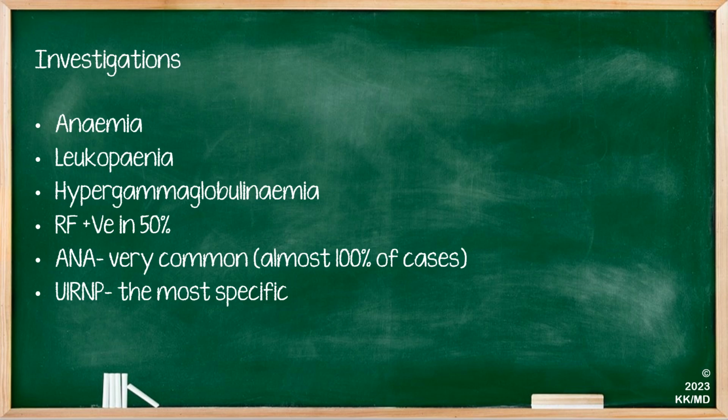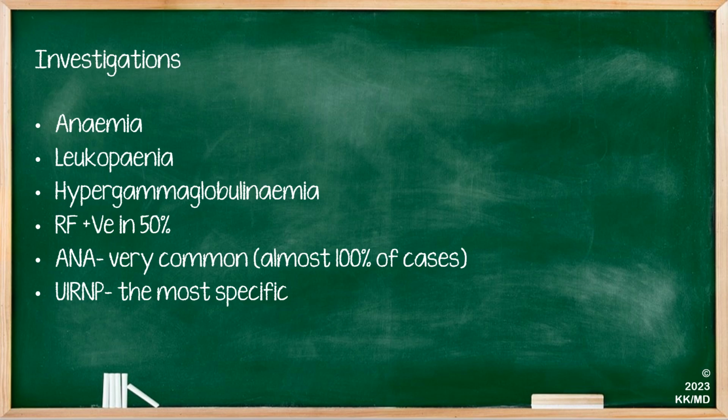So in terms of the investigations that you would want to consider in someone you're suspecting of a possible diagnosis of mixed connective tissue disease, really you would want to be starting from your basic blood tests, where probably the most important one would be your full blood count. This would check for any evidence of anaemia and leukopenia. You also want to be checking for any evidence of hypergammaglobulinaemia.